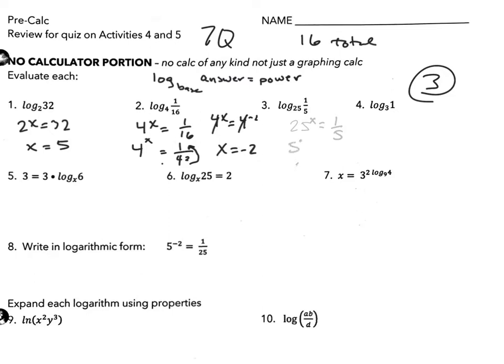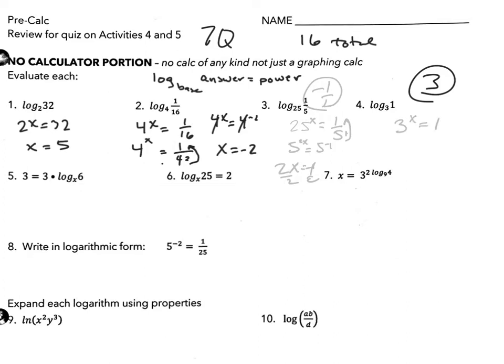So we have 5 squared to the x is equal to, and of course this is really 5 to the first, but to bring it out of the basement there, you make it negative 1. So now we have 2x equals negative 1, and when you divide by 2, we get x equals negative 1/2 for number 3.